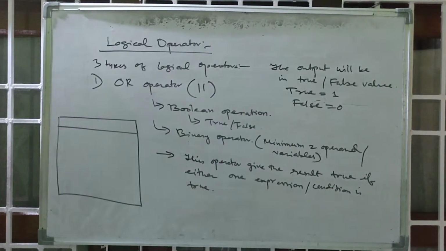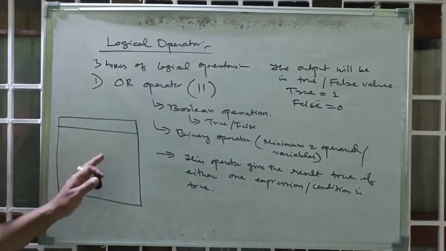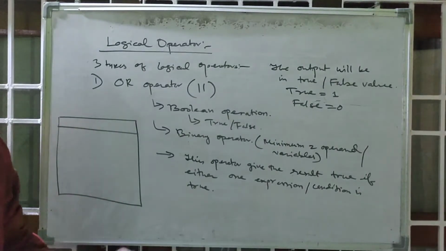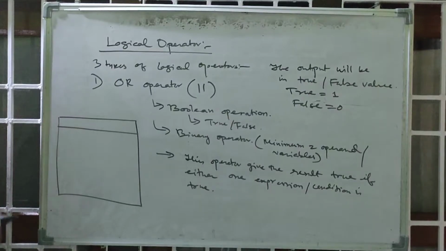There are a lot of definitions available on the internet. This truth table shows the truth value, either true or false. It is used in Boolean algebra or Boolean operations.